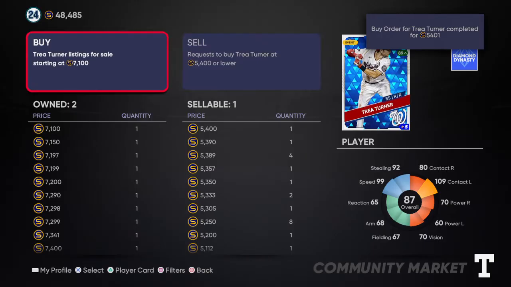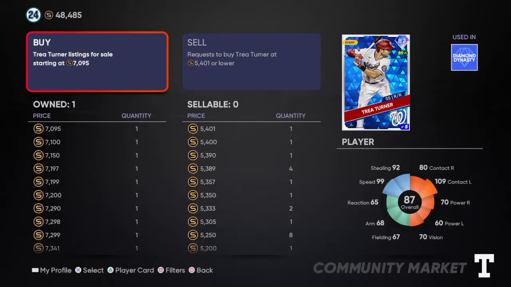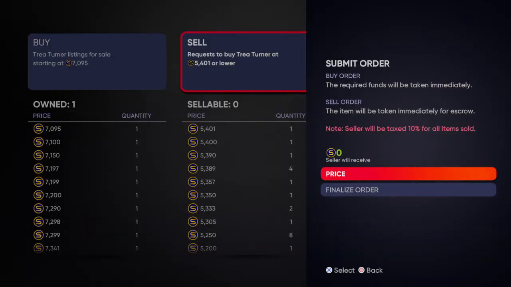There you go. And then sell order 795 here, and you see it'll go to the top. Now when somebody buys him, I would make about 900 stubs, which is pretty good.